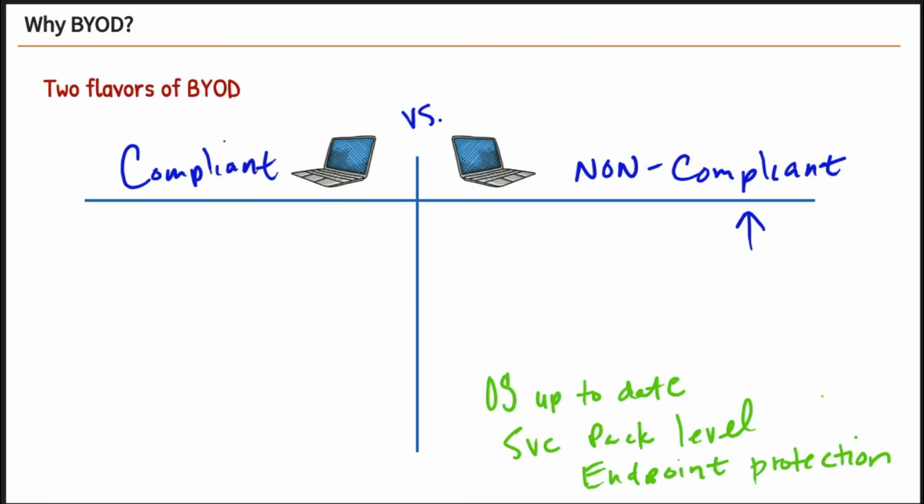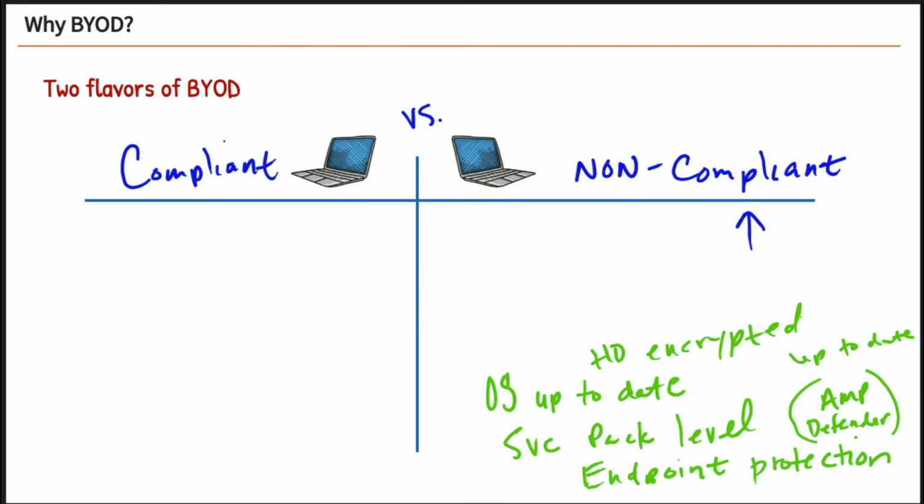Maybe it's Cisco AMP, or maybe it's Microsoft Defender, or something else. It doesn't matter. Is it installed and is it up to date? Also, is the hard drive encrypted? It's all these types of things that we want to check for to see if something is compliant. And there's much more that we can filter by and check for, of course, but these are just a couple of the more common things we're scanning for and checking for.